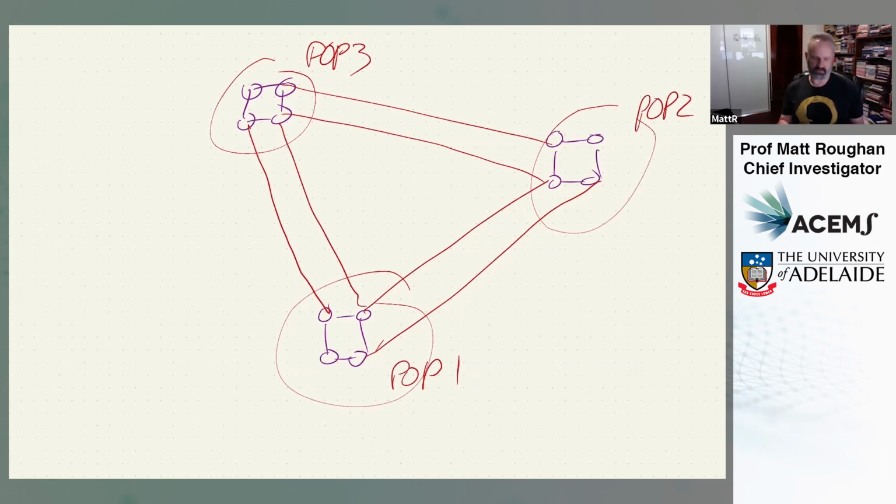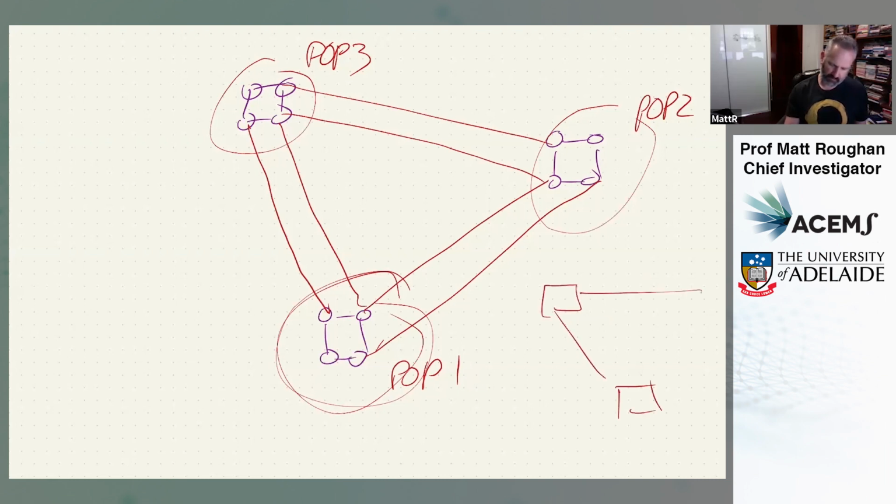So if you take the adjacency matrices for each of these pops and this larger scale view of the network, the pop level view, you can take a type of graph product which corresponds to a Kronecker product of the adjacency matrices, and that will introduce this block structure into the adjacency matrix for that graph, and the structure of the adjacency matrix then determines the incidence matrix, the routing matrix for that network.